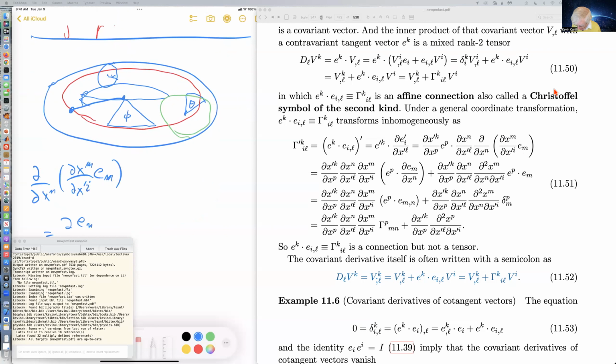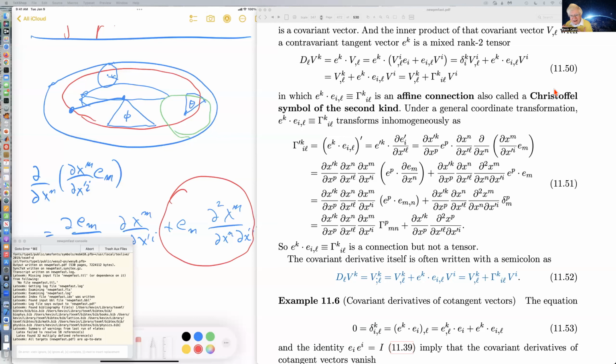One term is partial EM partial xn times partial xm partial x prime I. And then the other term is EM times the second partial of xm with respect to xn and x prime I. So this bit here is the part that's, so to speak, inhomogeneous. And so that's, in fact, this thing here that I separated out.